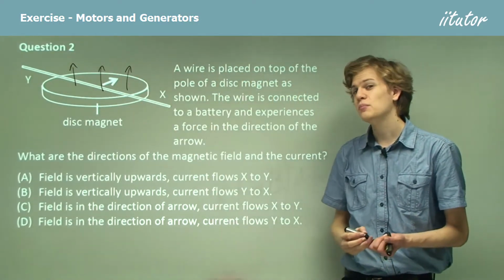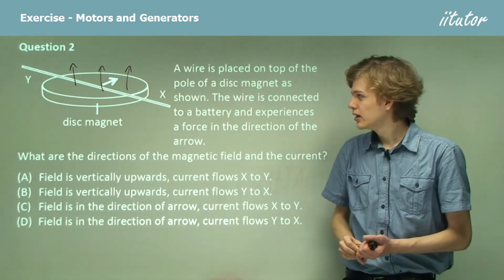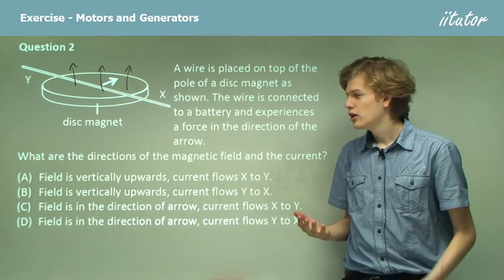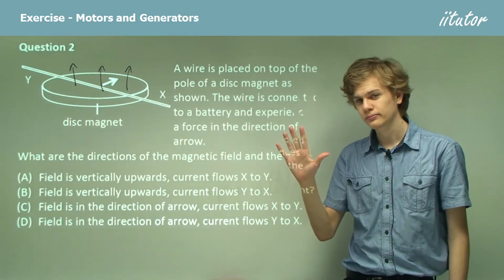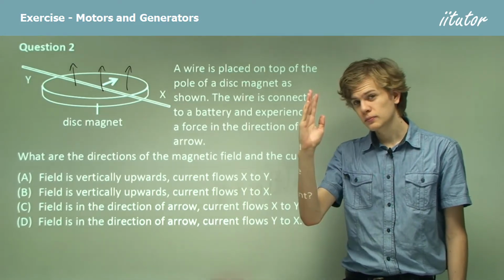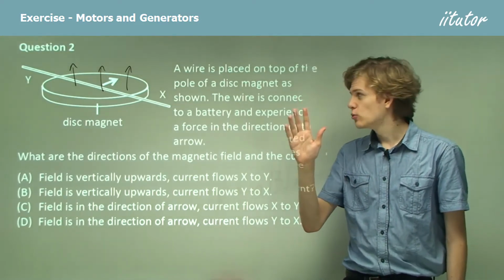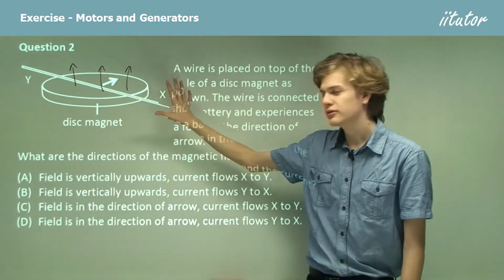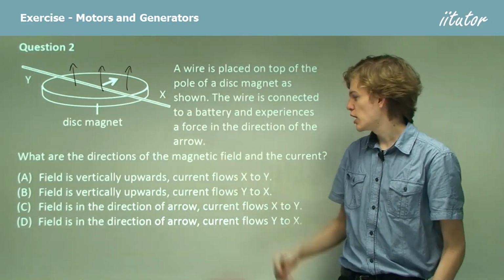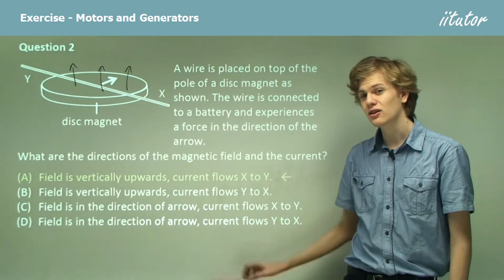There's our magnetic field. Now, in order to figure out the direction of the current, we need to use our right-hand rule. So the magnetic field points upwards, and the force that the wire experiences points in that direction, which means that the current must be flowing from X to Y. So A is our correct answer.